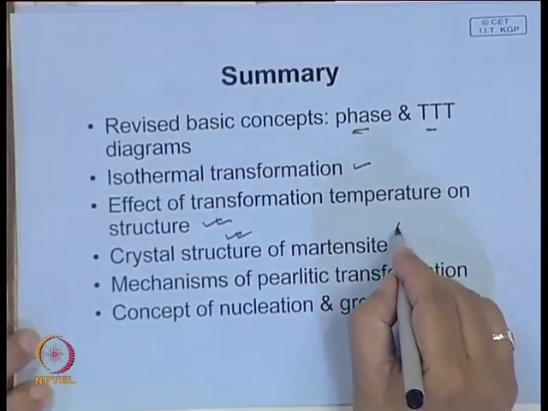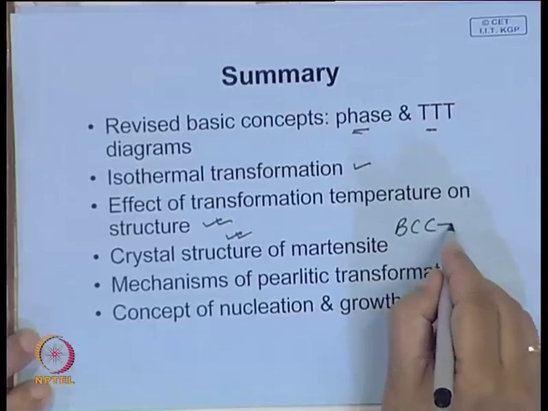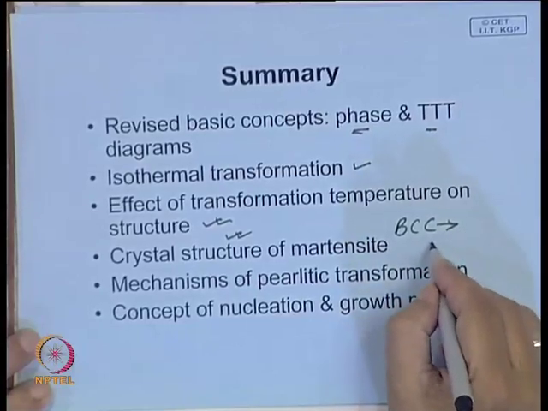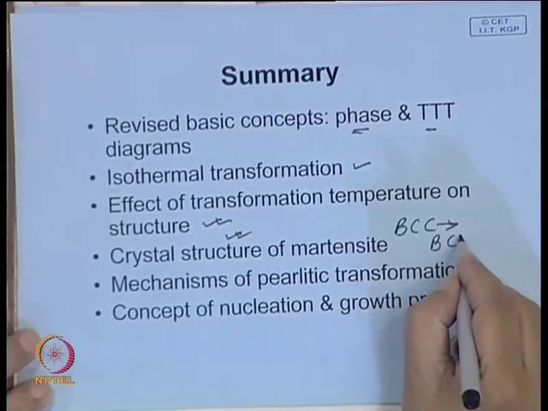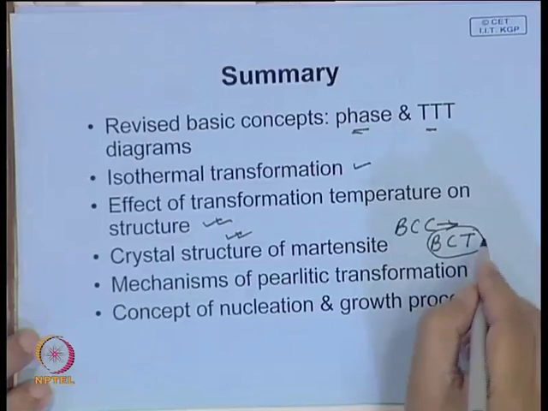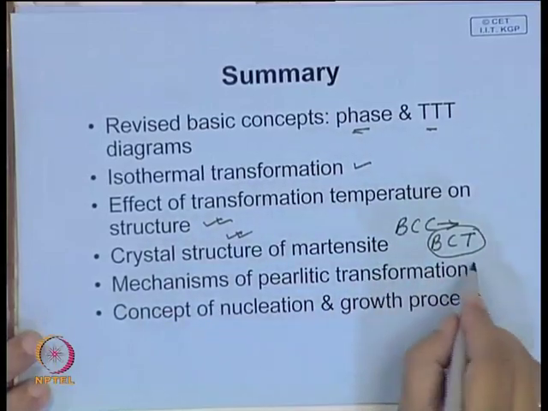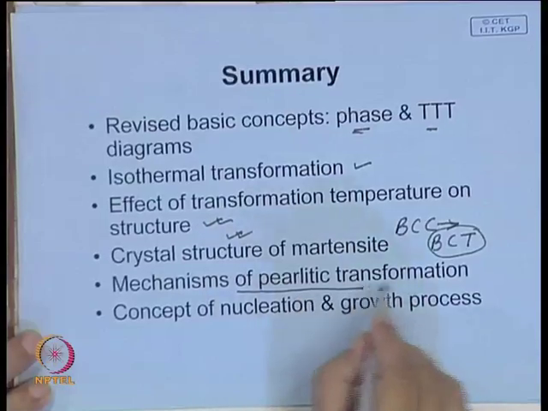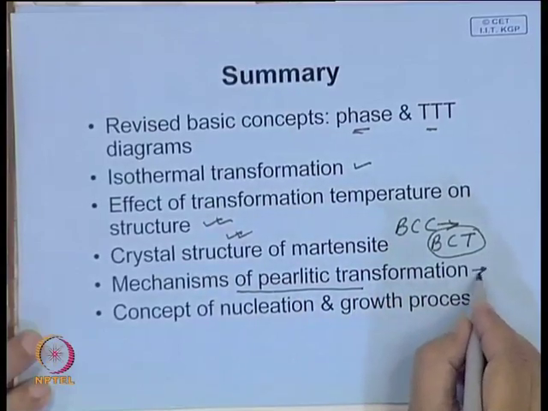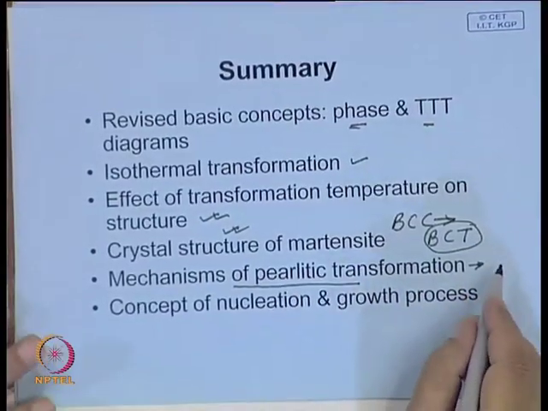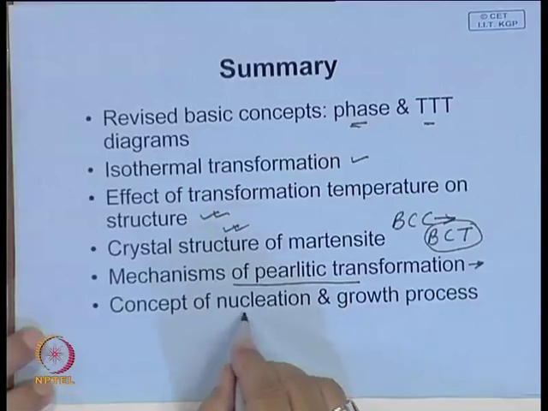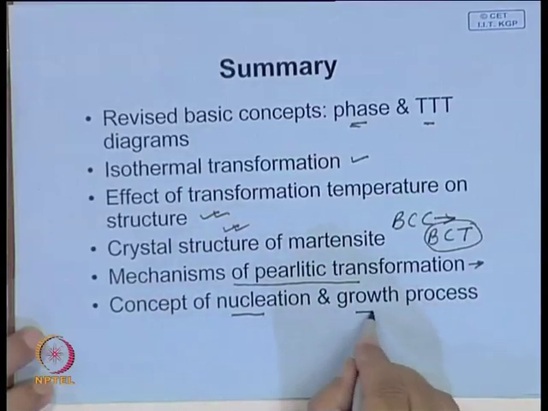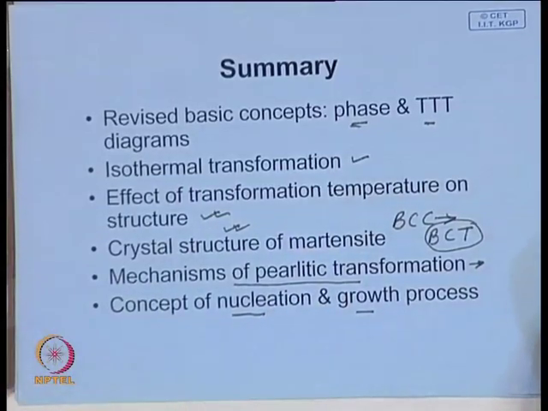It is distorted BCC, and in fact it is called body centered tetragonal structure. We also talked conceptually about the mechanism of pearlite transformation, where diffusion plays a very important role, and we also introduced the concept of nucleation and growth process. Thank you very much.